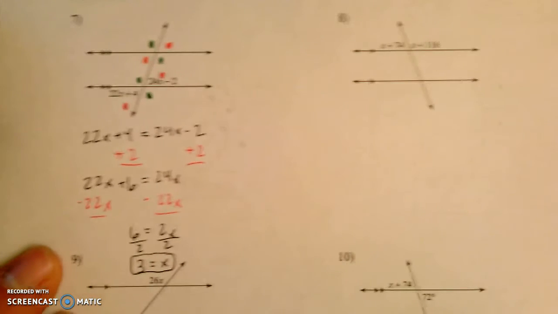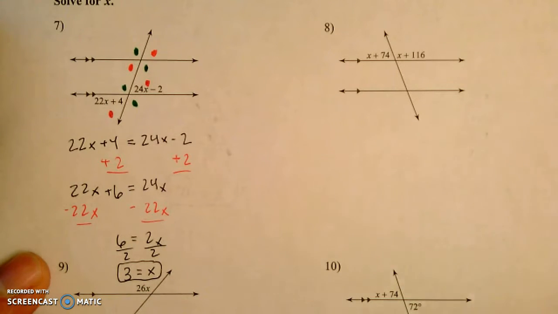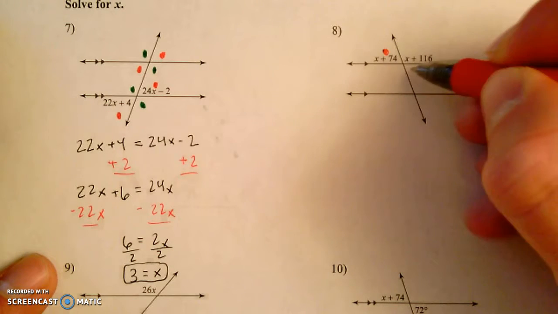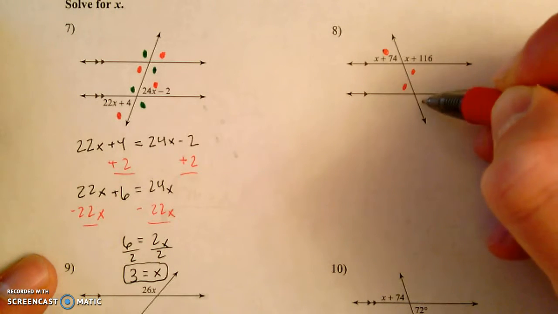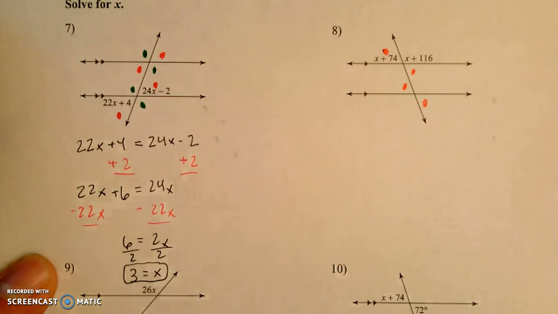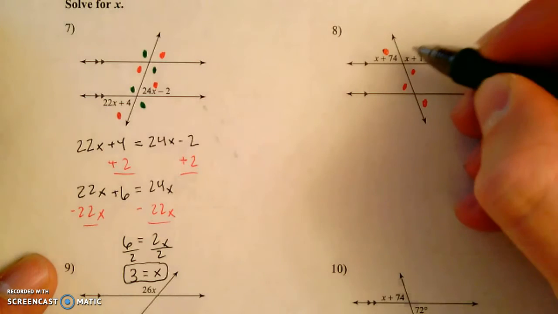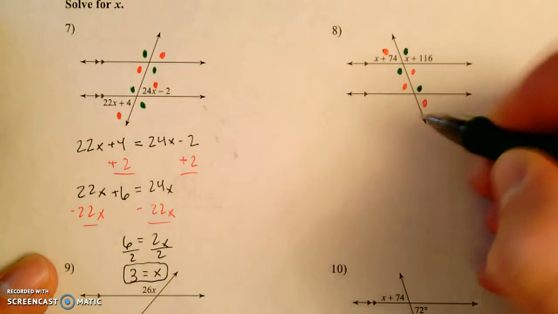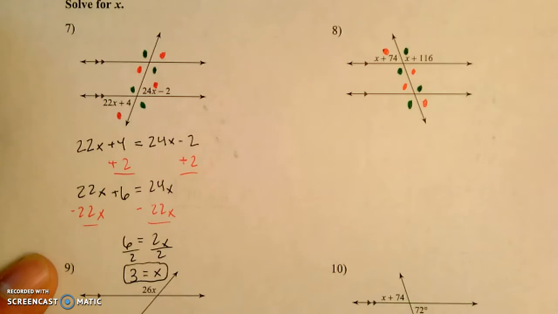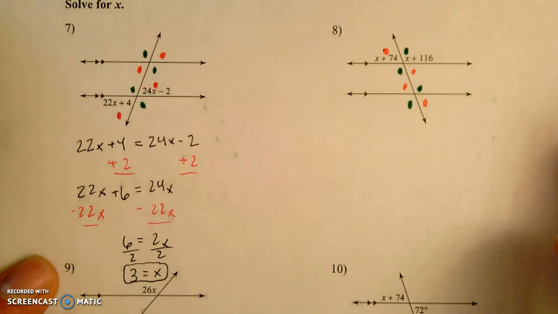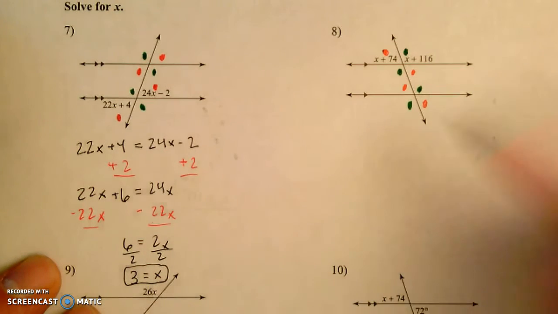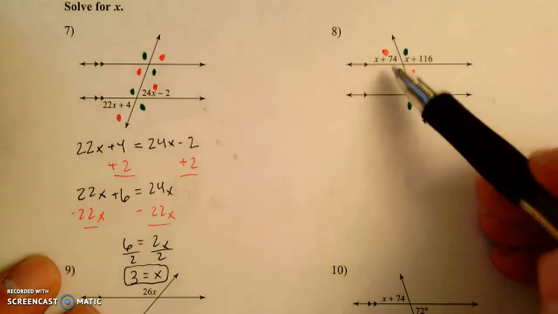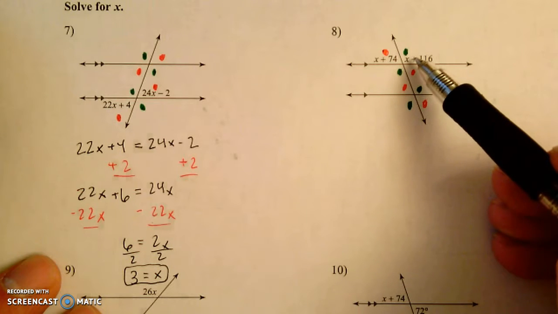All right, let's go do one next door. A little different. So here, we're going to mark our zigzag pattern through the graph. We've got the red angles. And then we've got the green angles. Okay, green angles all congruent to each other. Red angles all congruent to each other. And this time, one of our angles is a red angle, one is a green angle.